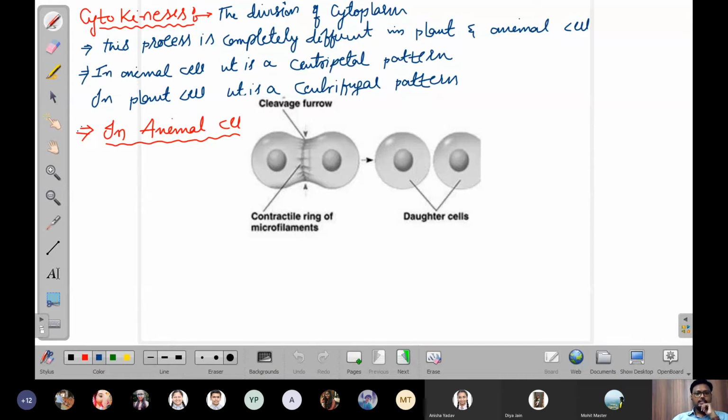in animal cell, there is a figure given. In the figure, if you see here, it is called cleavage furrow, and it is called contractile ring of microfilament. That means what? If a cell is there here, it is a cell. In the cell, what is going to happen? Around the cell, a contractile ring is formed.